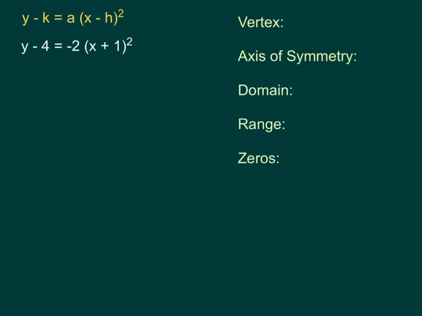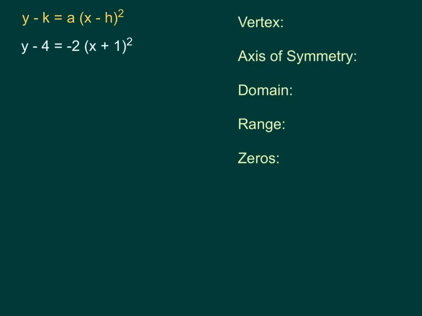All right, so first, since we've been doing this most recently, let's look at vertex form, which, as a reminder, is y minus k equals a times x minus h squared. The first thing I can find from my example, which is y minus 4 equals negative 2 times x plus 1 squared, is, not surprisingly, the vertex.